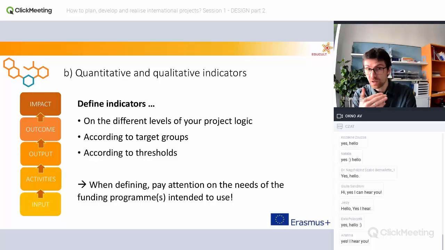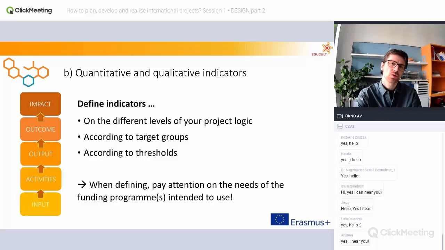And we can do that on all levels of our project logic, in all five levels, you can say. But I would suggest you stick especially to the output and perhaps to the outcome also, because these are where you will need it and where you can measure it. As I said, impact is difficult. Activities is quite easy because you see if you have done what you set up as an activity plan.